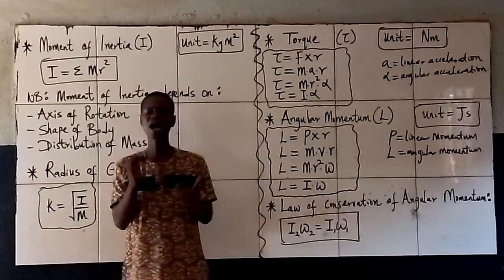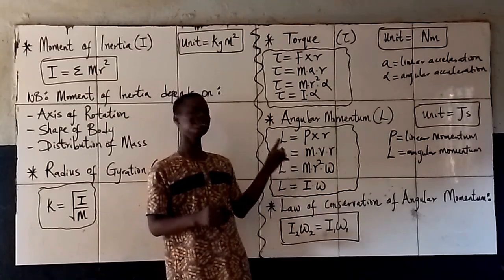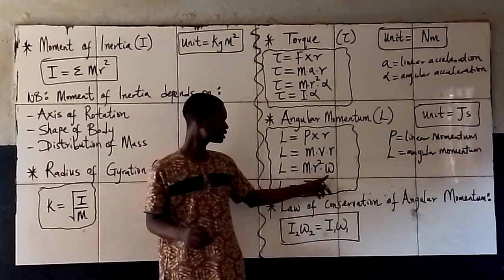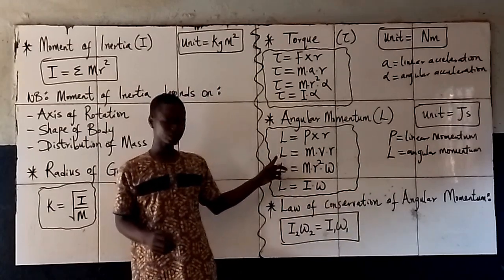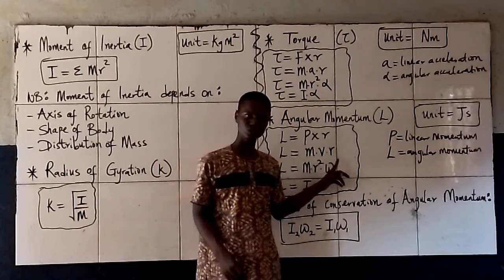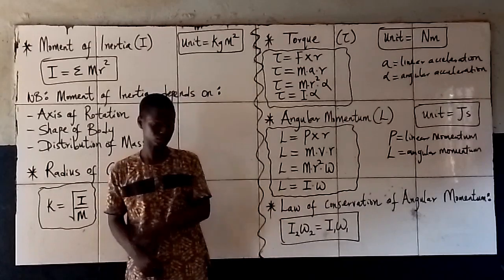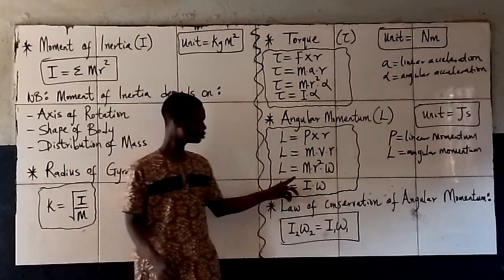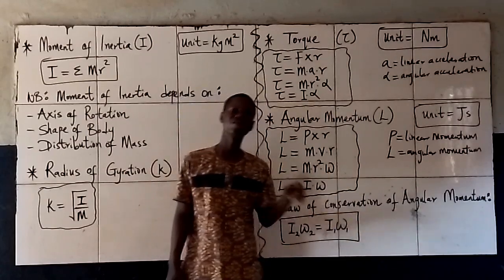Now, if perhaps you are given the linear velocity, not the angular velocity, the formula to use is angular momentum is equal to mass times linear velocity times radius. If you are given the angular velocity and not the linear velocity, this is the formula you use: mass times radius squared times angular velocity.